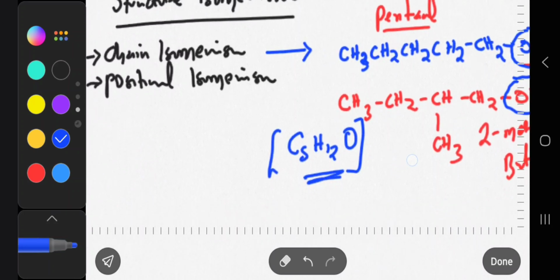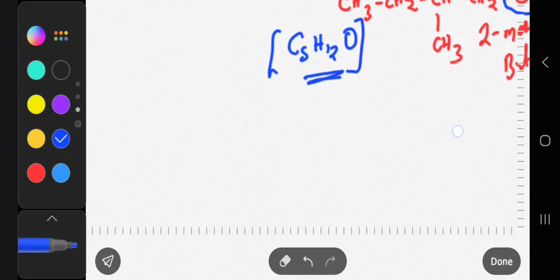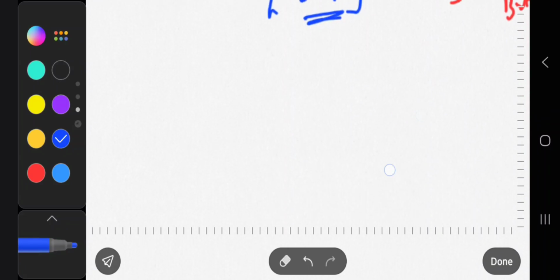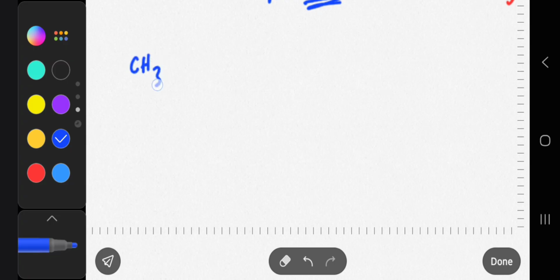So now let's look at positional isomerism. Positional isomerism is actually the opposite, okay? Take for example, let's say we have CH3. This is for positional isomerism. This CH2, let's say we have OH here, right?